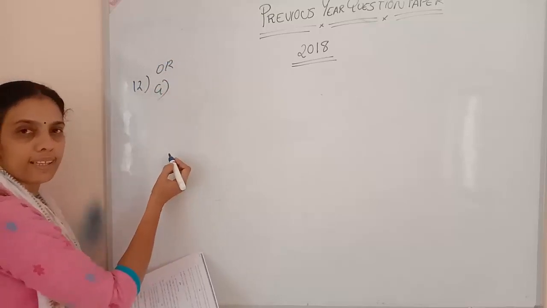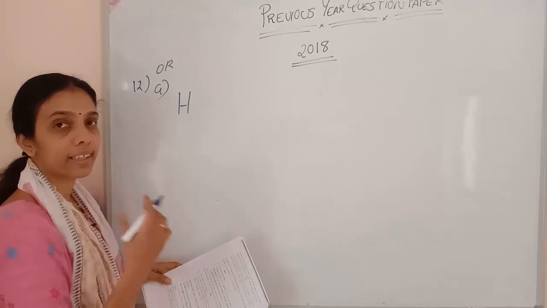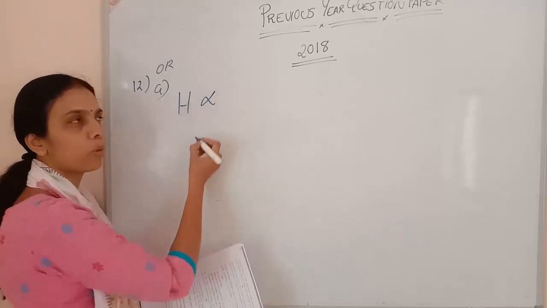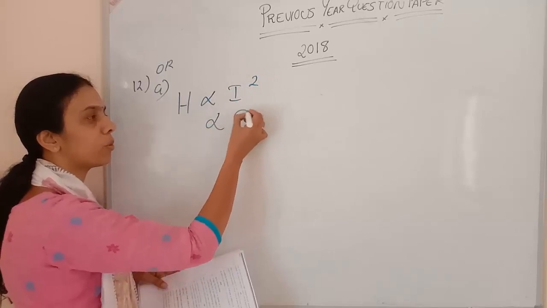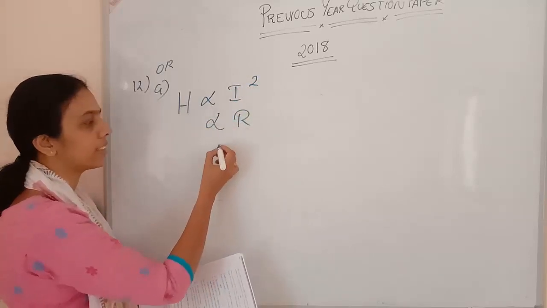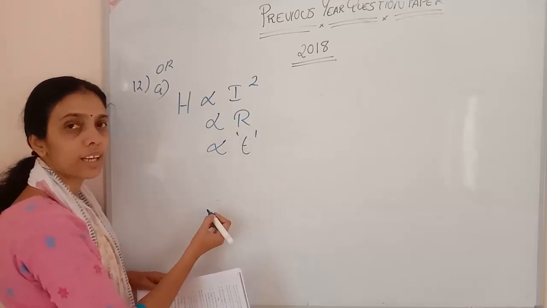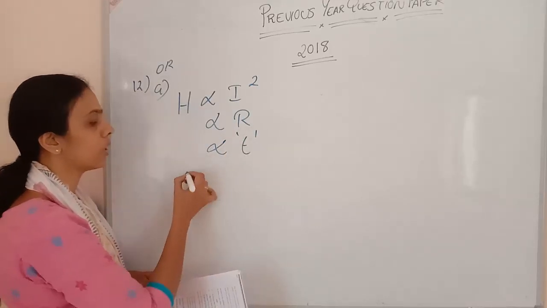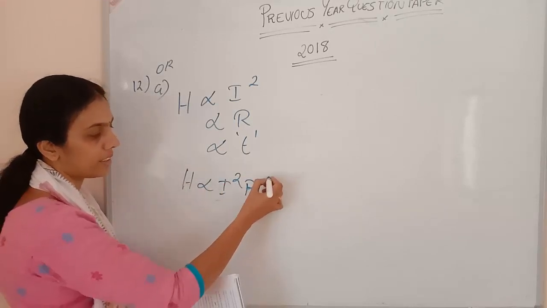Joule's law of heating states that heat generated in a conductor is directly proportional to the square of the current, directly proportional to the resistance of the conductor, and directly proportional to the time for which the current is flowing through the circuit. So we can write it as H is proportional to I square RT.